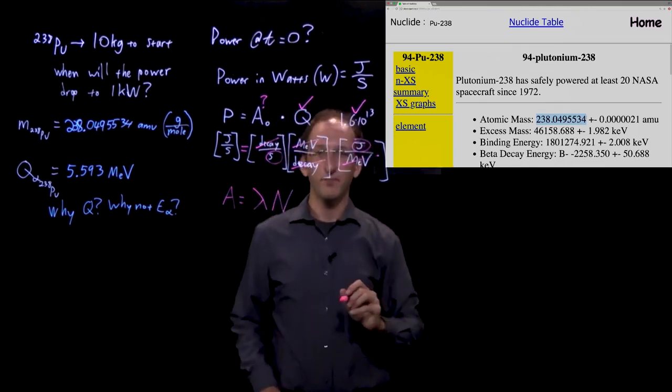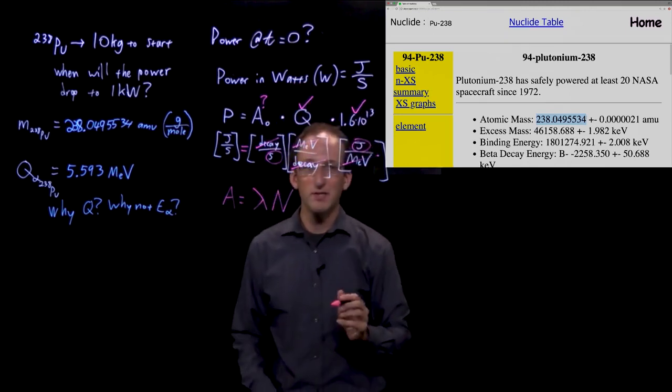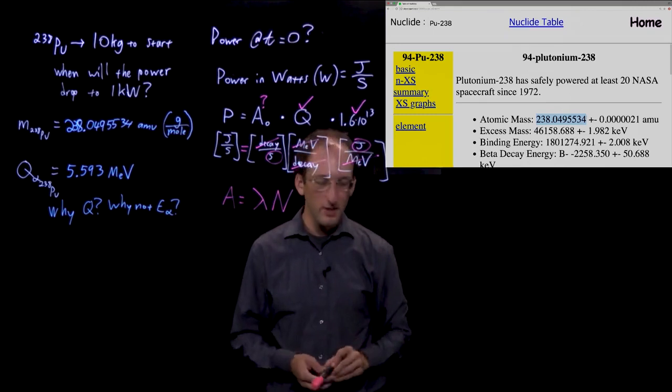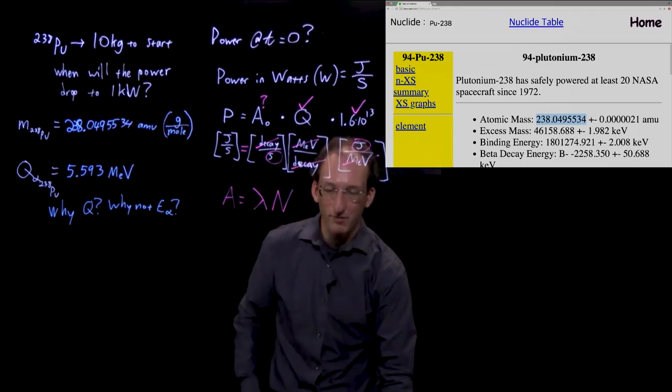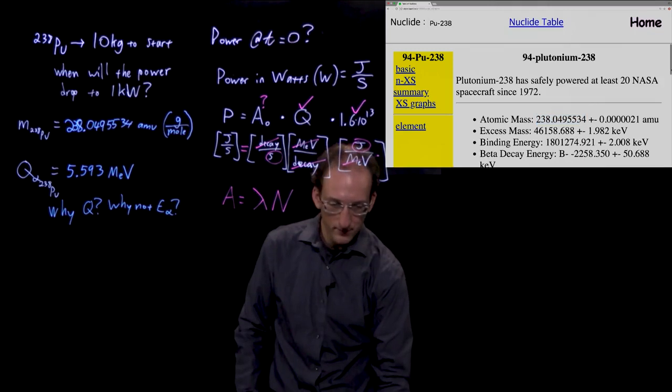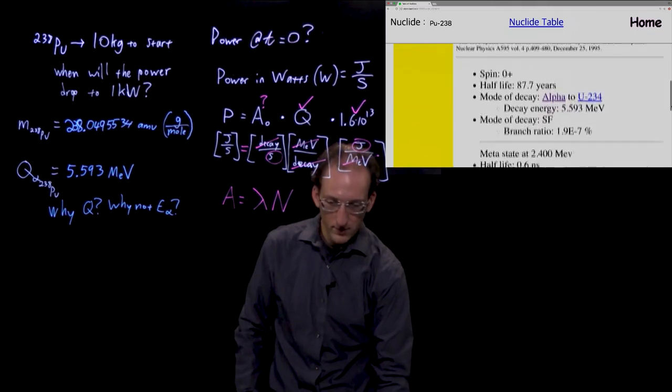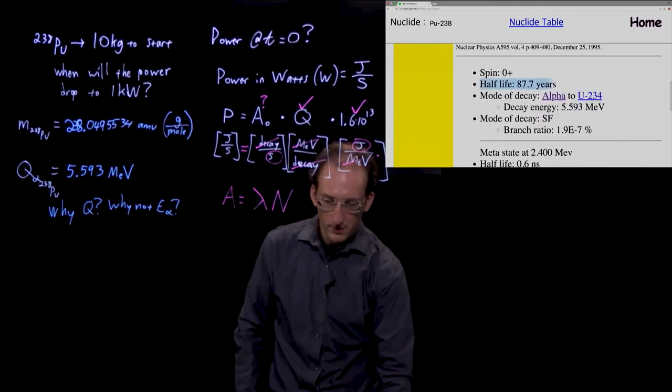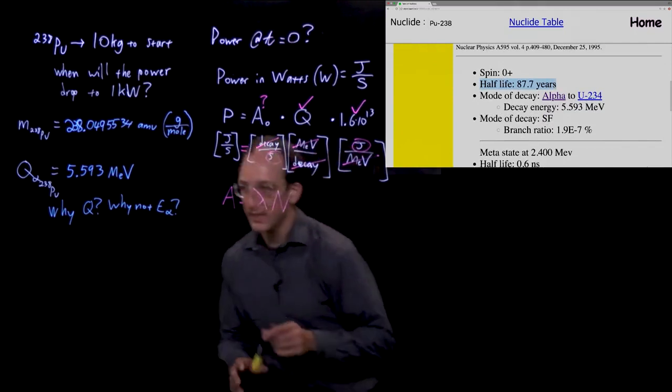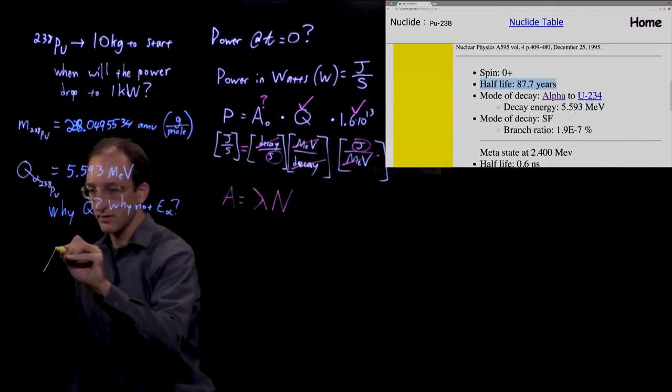So at this point, we need to start figuring out what is the decay constant of plutonium-238, and for that we need its half-life. So if we scroll down on the table, you can see here that it's got a half-life of 87.7 years.